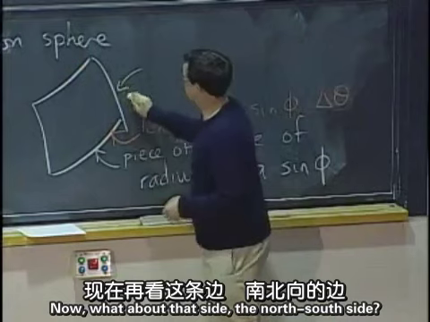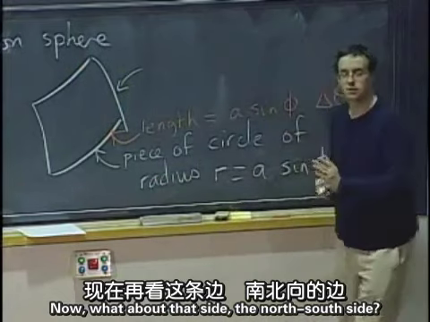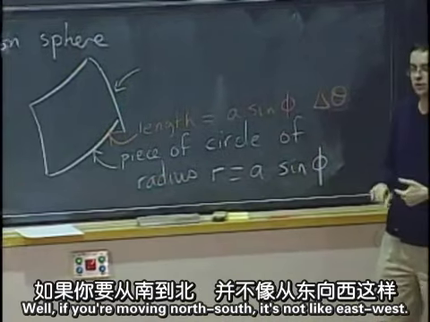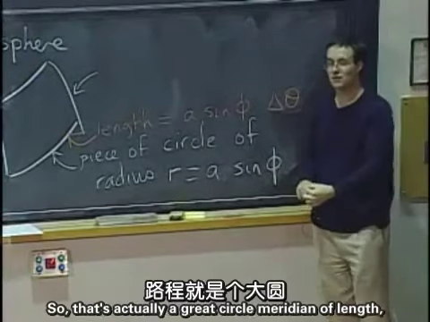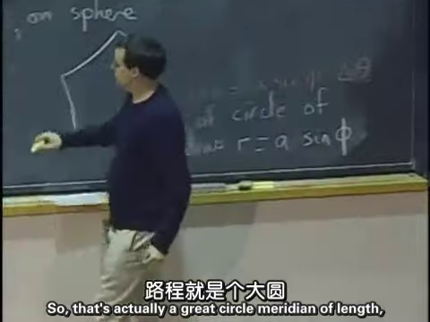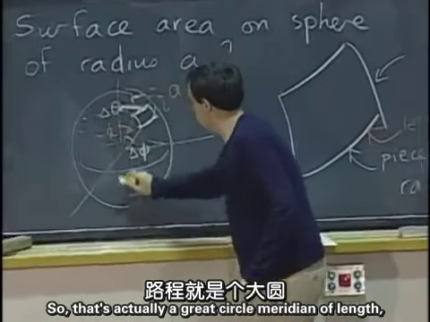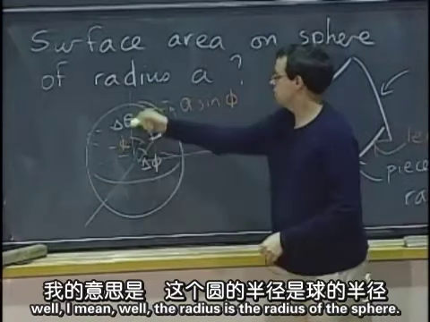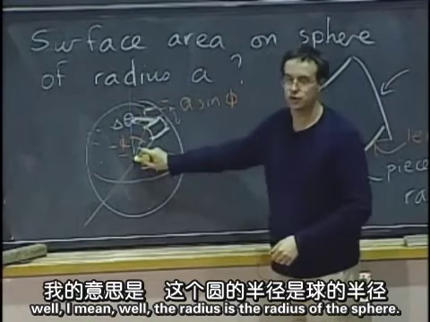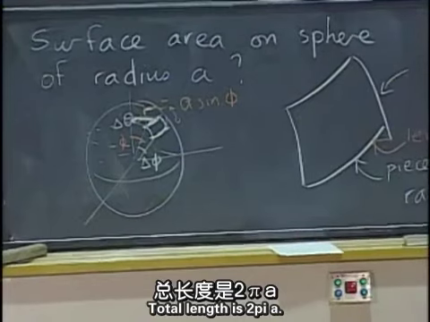Now, what about that side, the north-south side? Well, if you're moving north-south, it's not like east-west. You always have to go all the way from the North Pole to the South Pole. So that's actually a great circle, a meridian, of length, well, the radius is the radius of the sphere. Total length is 2 pi a.